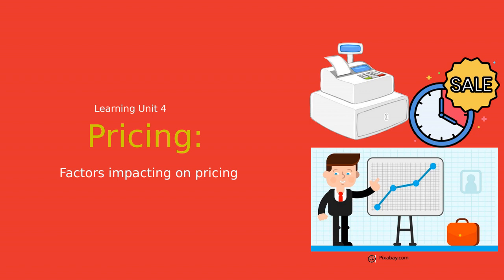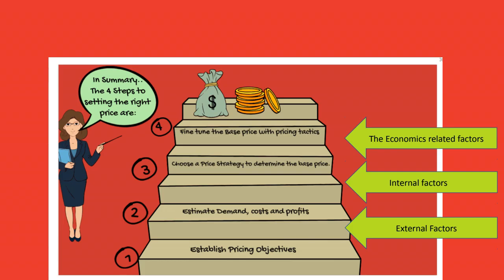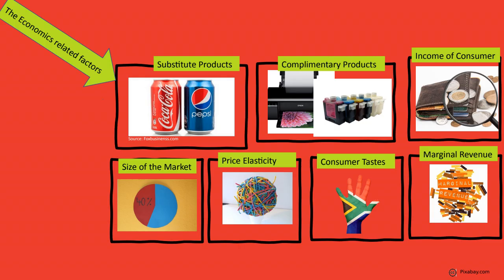And just another element of why pricing is so important. So I'm going to touch very briefly on these factors that affect price. These are not really surprises to us, but the size of the market affects price. Price elasticity. Now, you guys will all be doing economics at the moment, so I'm not going to go through price elasticity, but we know that some products are more price sensitive than others.